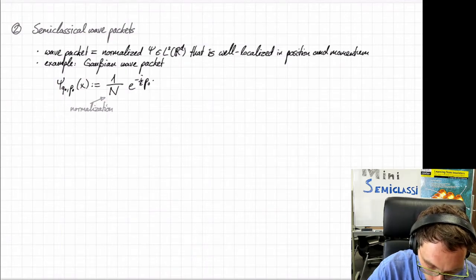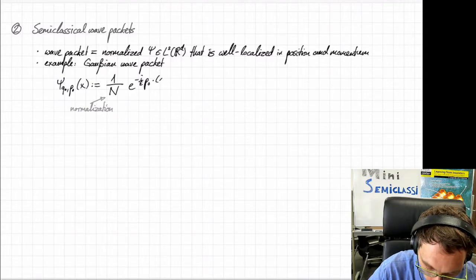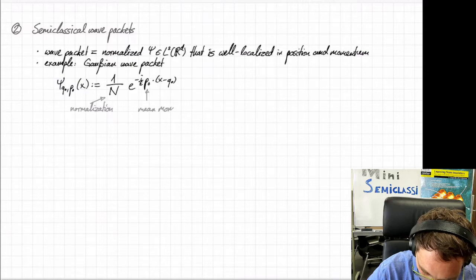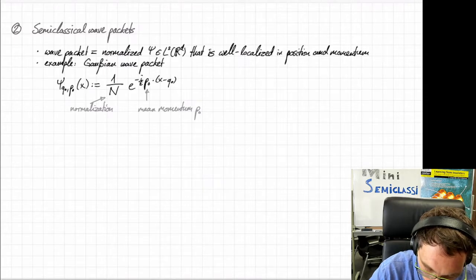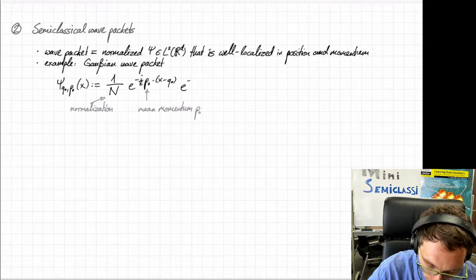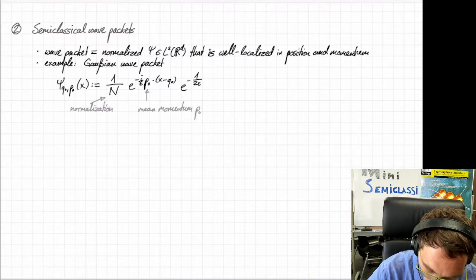So here the mean momentum of this wave packet is P naught. And then I have to say what the position in real space is, and that's just, as the notation suggests, Q naught.